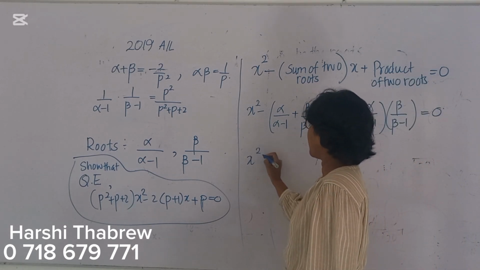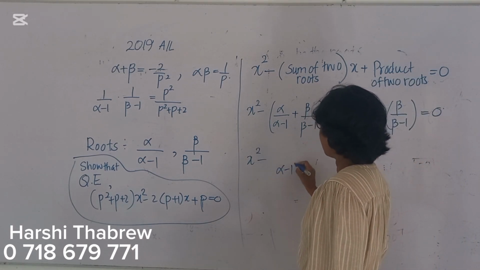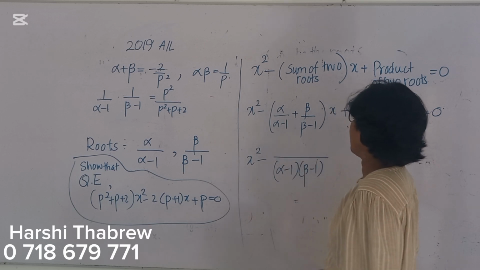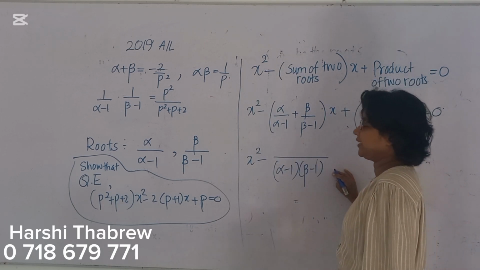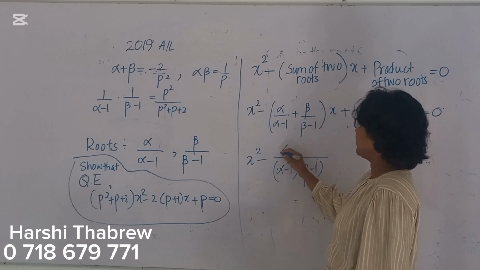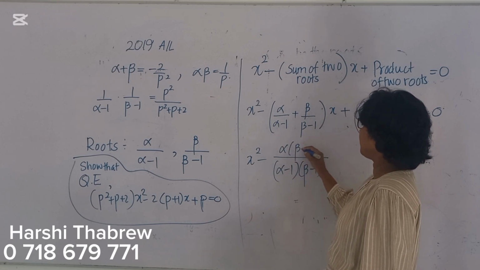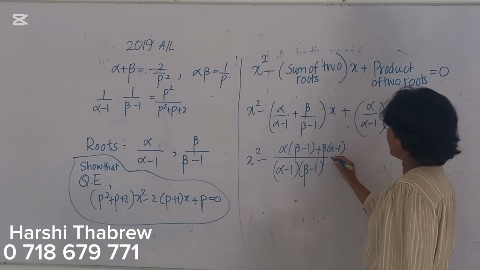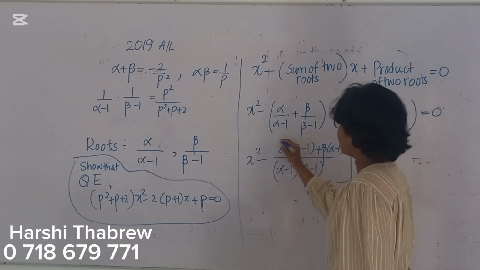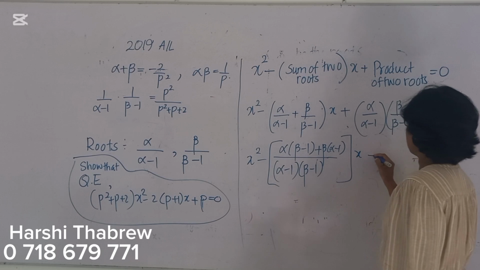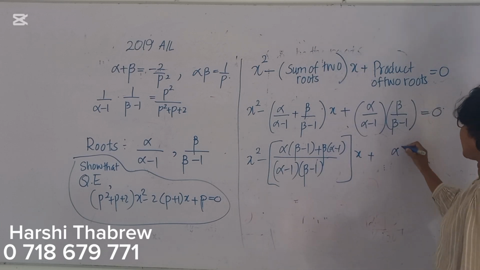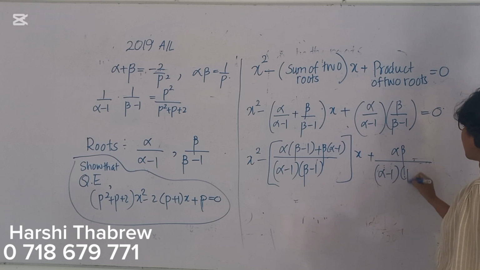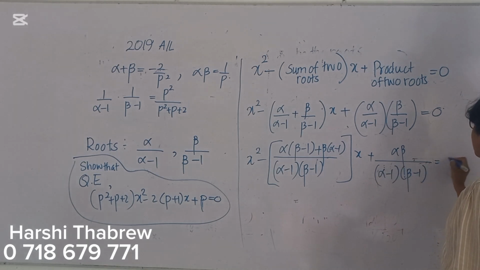It's x squared minus, with alpha minus 1 into beta minus 1 in the denominator. Let's see what the numerator is. The numerator is alpha times beta minus 1 plus beta times alpha minus 1, then times x plus alpha beta over alpha minus 1 times beta minus 1 equals 0.